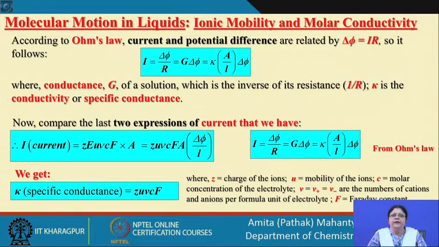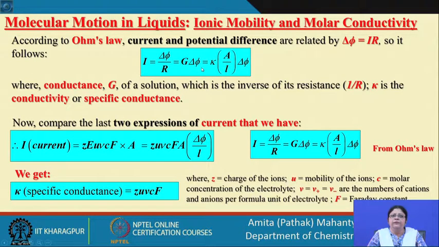From the expression of the conductivity or specific conductance, otherwise known as kappa, we can say kappa into L by A into delta phi. So, the current which we have derived as V by R from Ohm's law, in terms of the conductance, is going to be the specific conductance into L by A into delta phi.